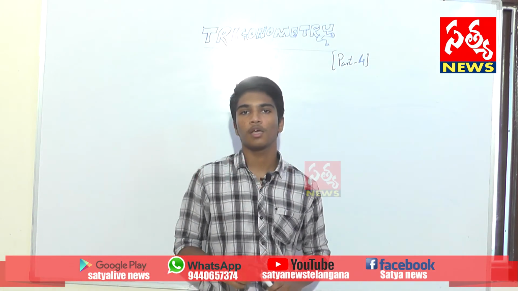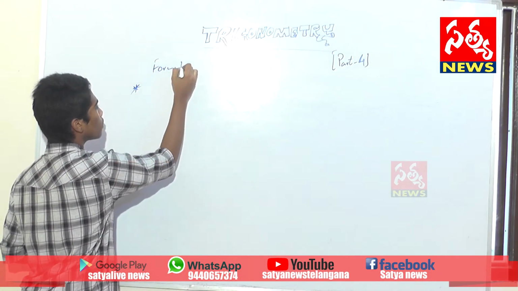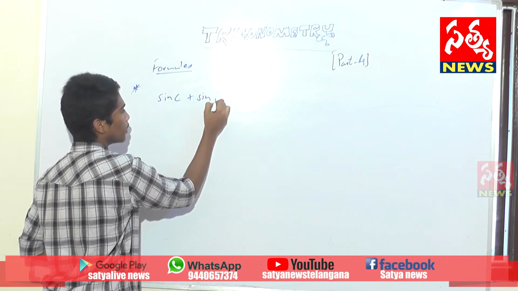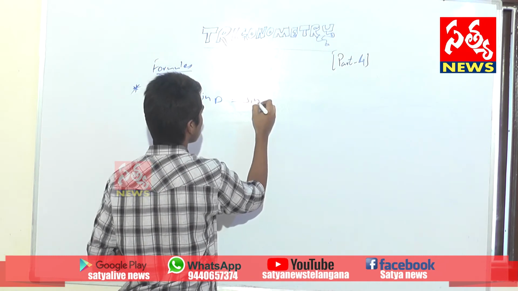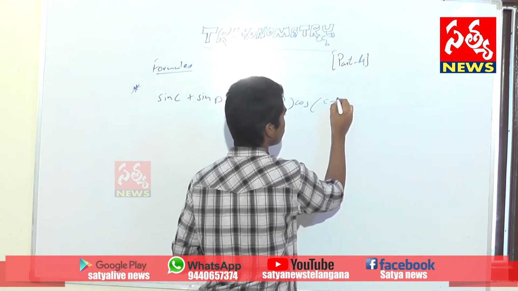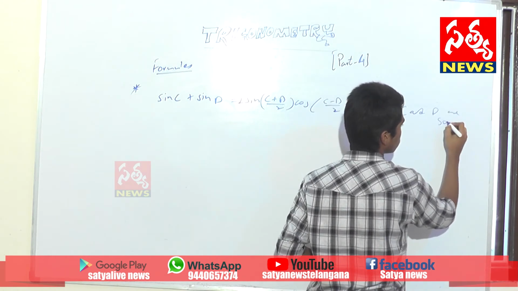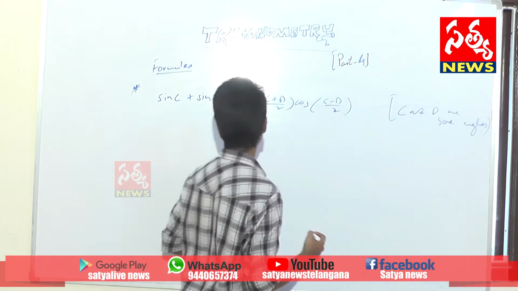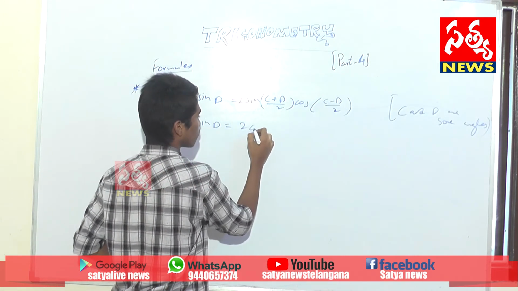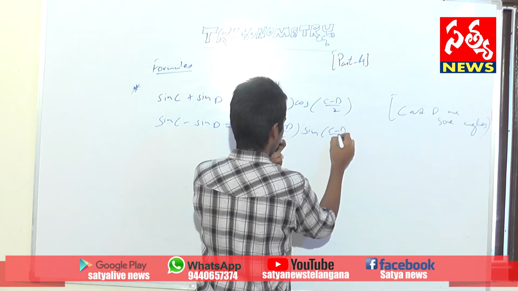I am going to say some more formulas. Sin C plus sin D is equal to 2 sin C plus D by 2 into cos C minus D by 2, where C and D are some angles. And sin C minus sin D is equal to 2 cos C plus D by 2 into sin C minus D by 2.